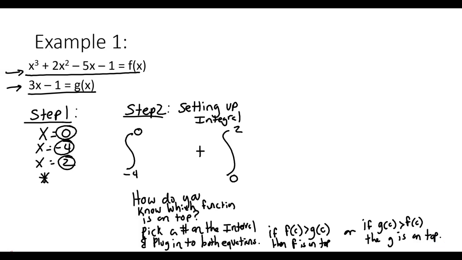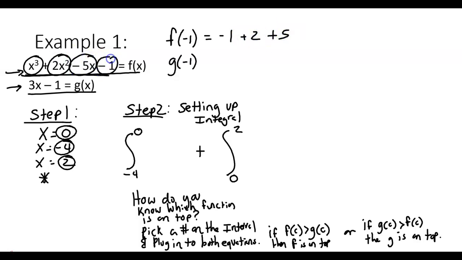So for this interval, let's pick a number between -4 and 0. Now, -1 is a pretty nice number to pick, so I'm going to go ahead and plug in -1 to both functions. If I plug in -1 here, that's going to give me -1 plus 2 plus 5 minus 1 for a total of 5.